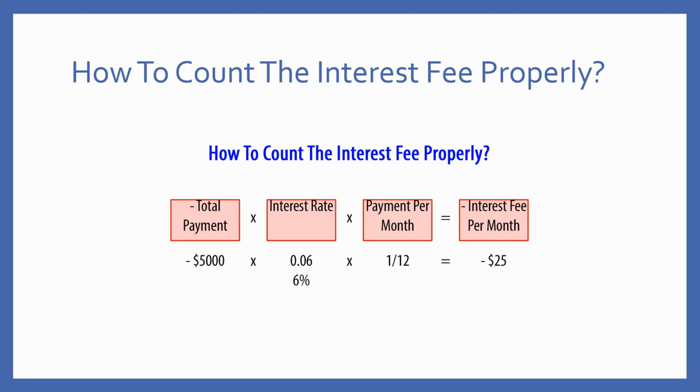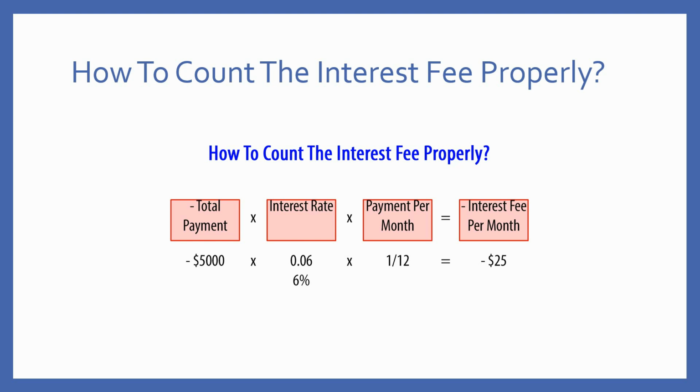It should be lesser than 72% of $5,000 that you have to pay back, because it's not like $1,000 around you have to pay back.